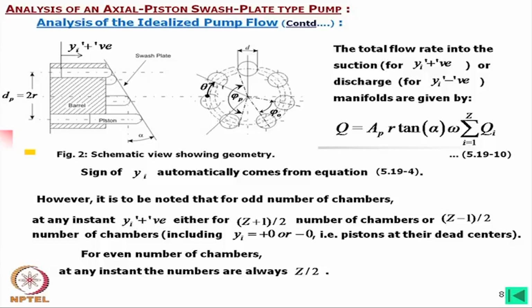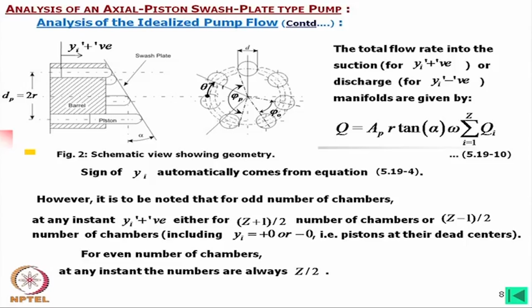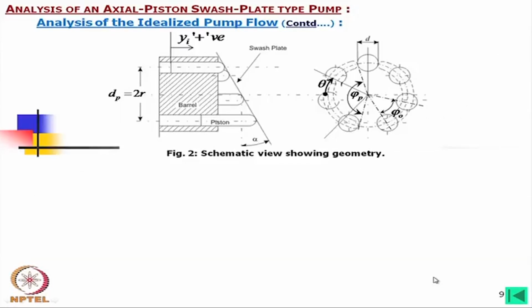So at that time 2 pistons are in suction and 2 pistons in compression, but again for those, plus Y i is equal to 0 and minus Y i is equal to 0. You only have to take a little care while you are calculating this.